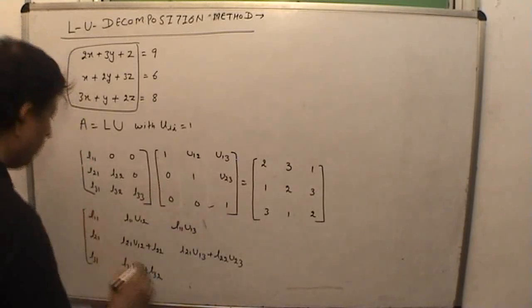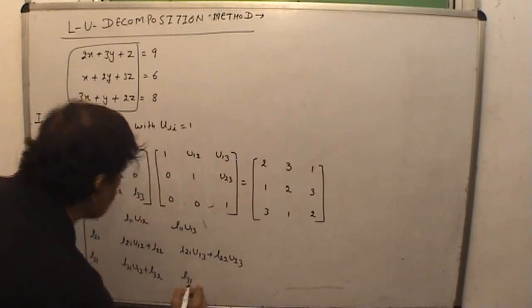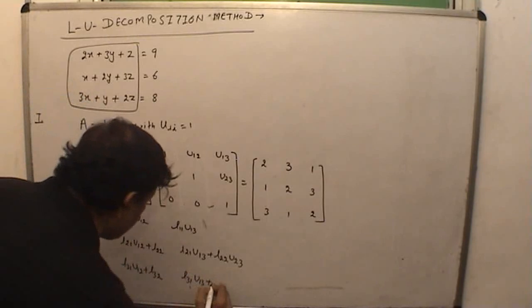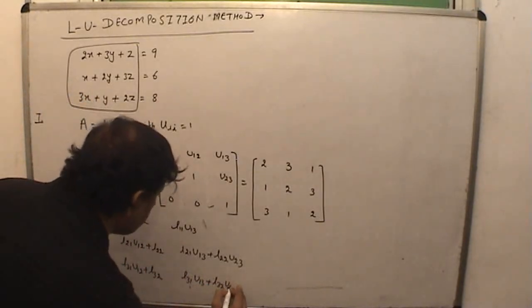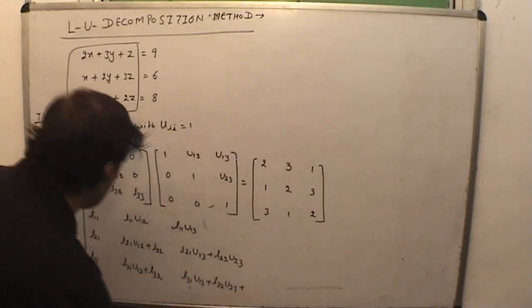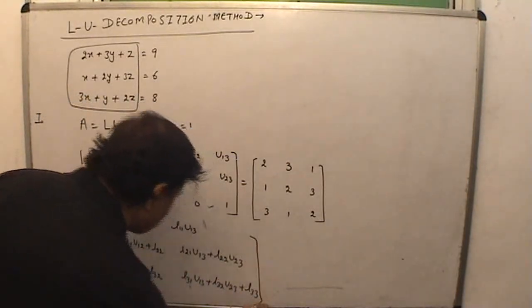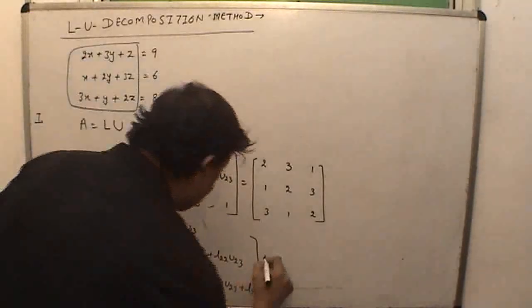Last element: L31 U13 plus L32 U23 plus L33. That is the multiplication of the left side.